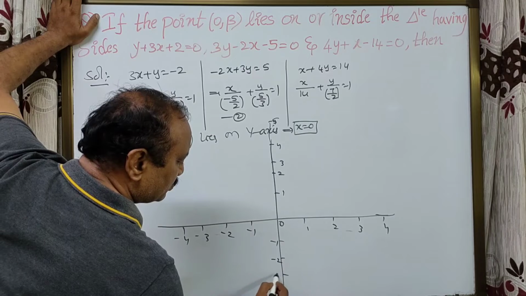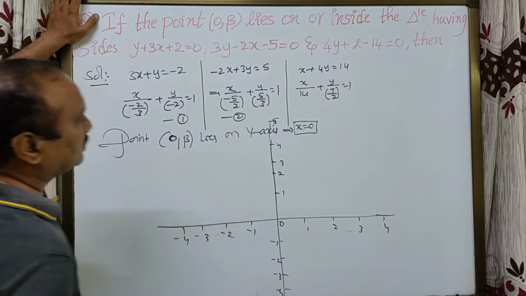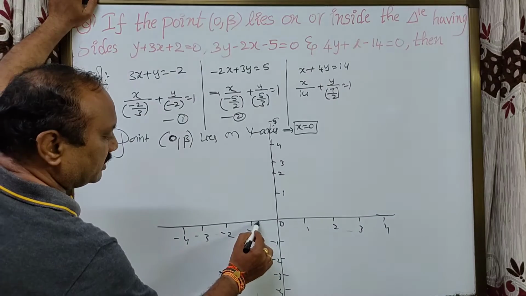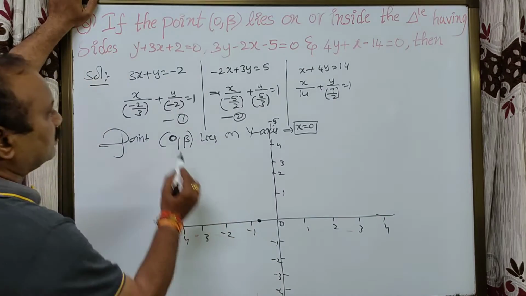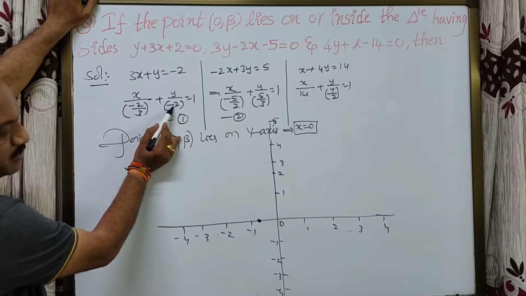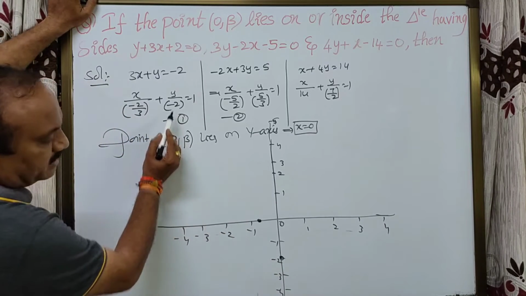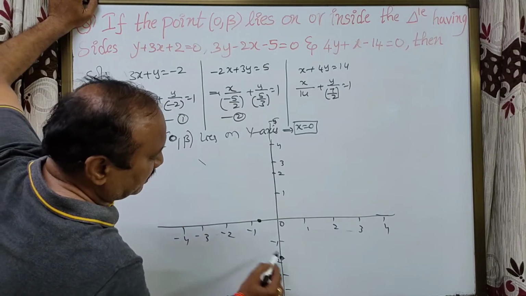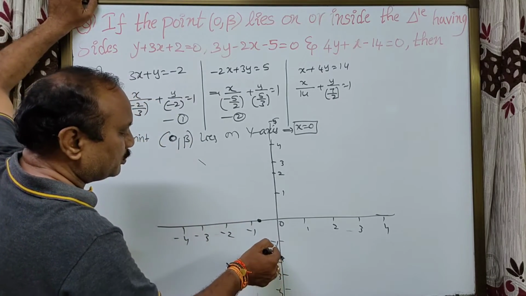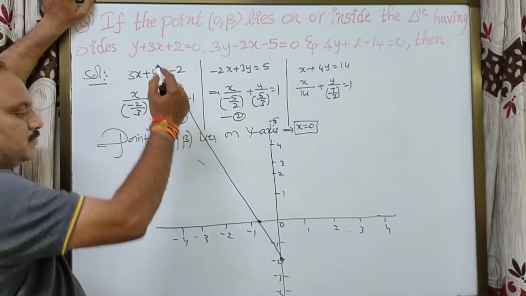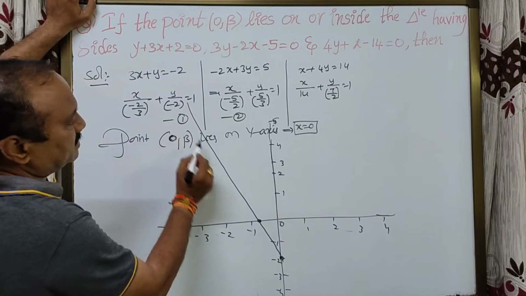Minus 1, minus 2, minus 3, minus 4. Minus 2 by 3 means about minus 0.6, somewhere here. Y intercept is minus 2, this side. So the position of the line is roughly like this. It is line 1.